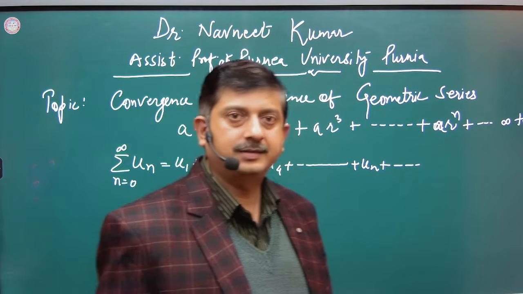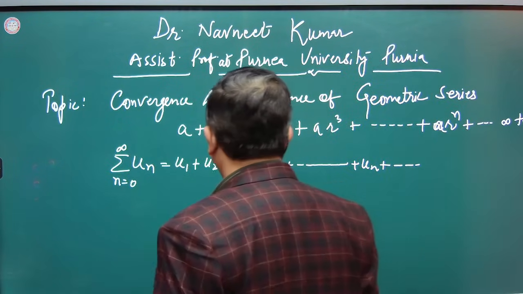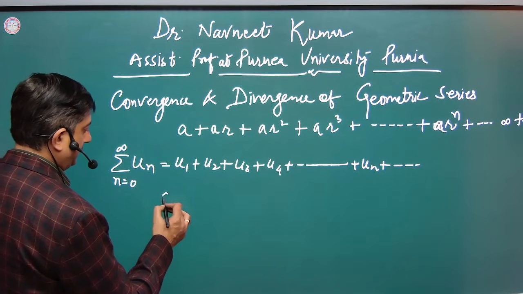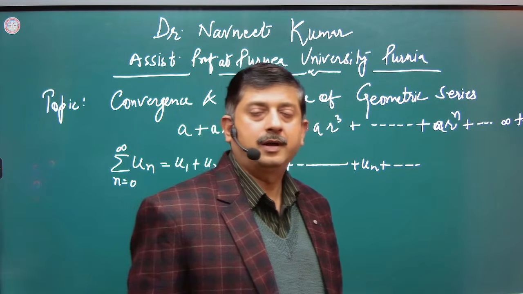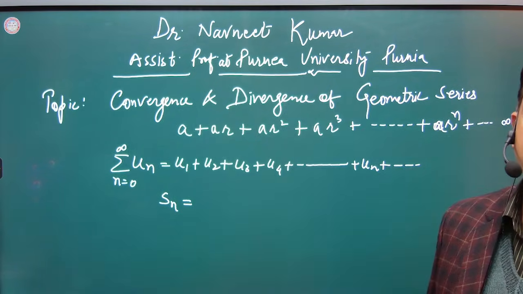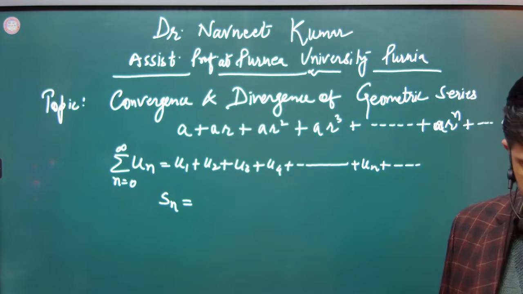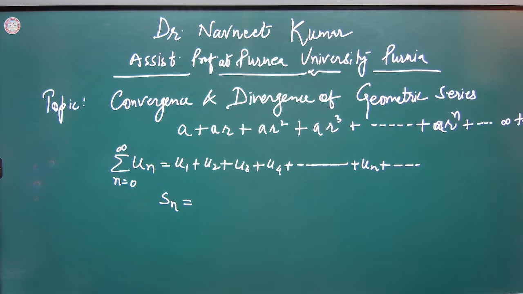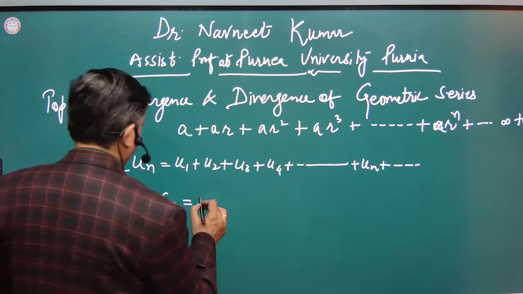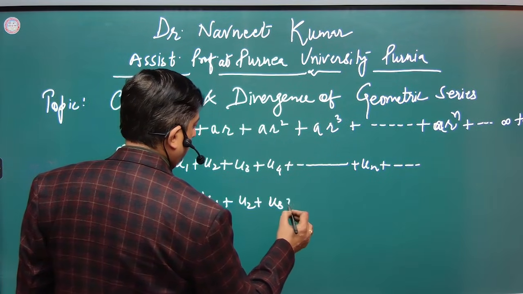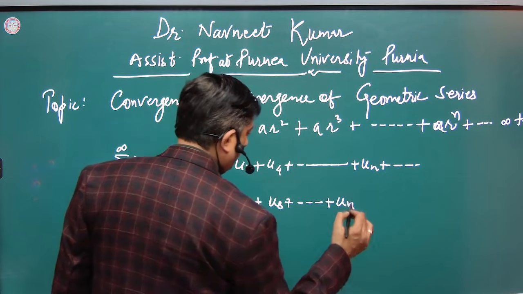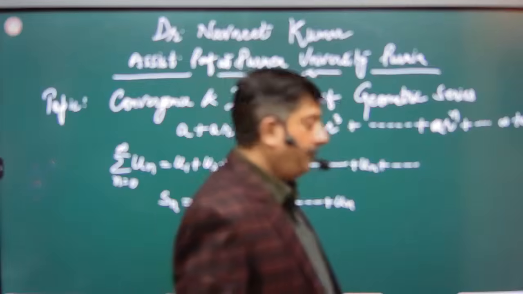It is an infinite series, and let Sn be the sum of n partial terms of the infinite series un. So what is Sn? Sn is the sum of partial sums of the series. Sn is nothing but u1 plus u2 plus u3 plus so on up to un. It is the partial sum.